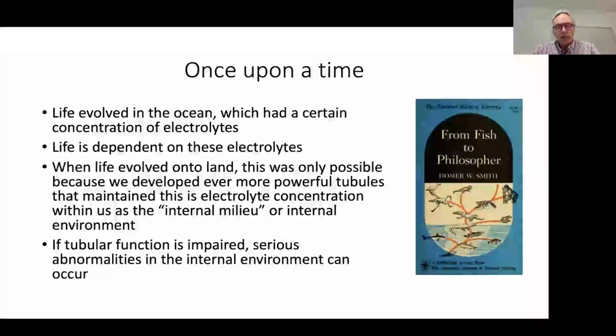And how did we get to it? Well, it's of course evolution. Evolution started in the ocean. And when you live in the ocean, it makes perfect sense to use filtration to get rid of waste products, because you're not worried about losing salt and water. You're living right in it.